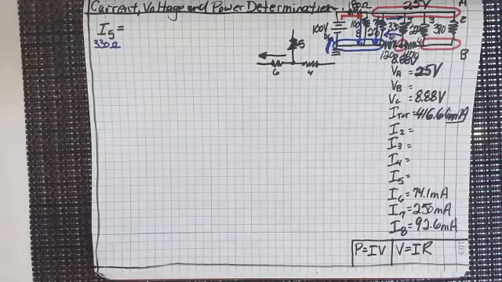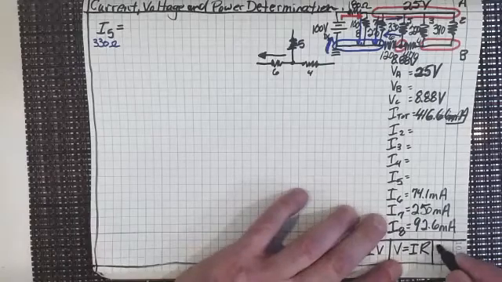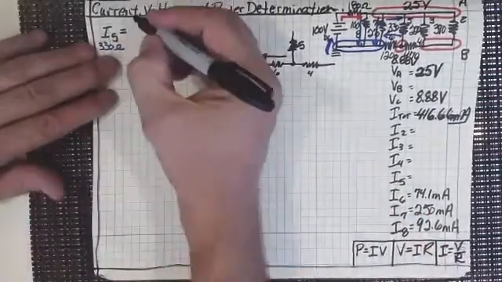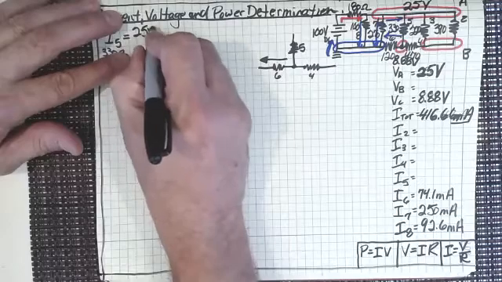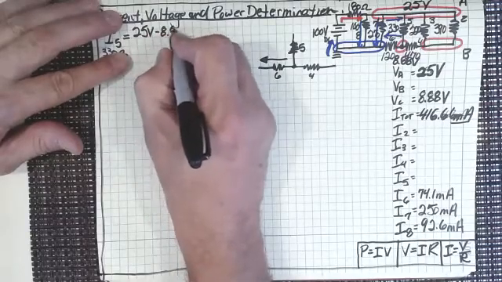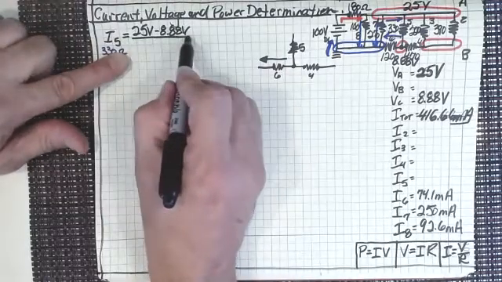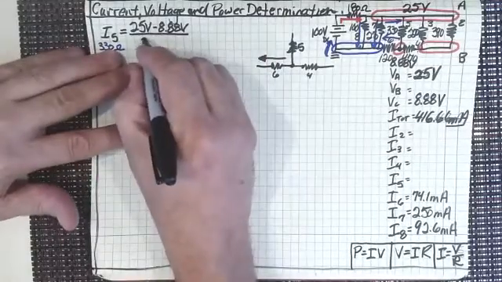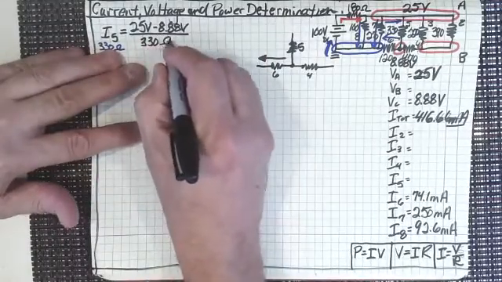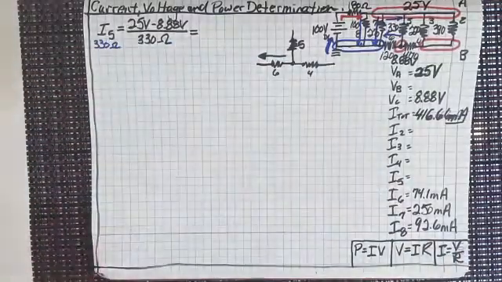What's our voltage differential? V equals IR. Well, let me just put that down next to it. Doesn't I equal V over R? Of course it does. So we've got our voltage differential, which is 25 volts minus 8.88 volts, which we've already, like I say, that was in the previous lecture. That's our voltage differential across that 330 ohm resistor. I equals V over R. Well, that's what we've got right there.